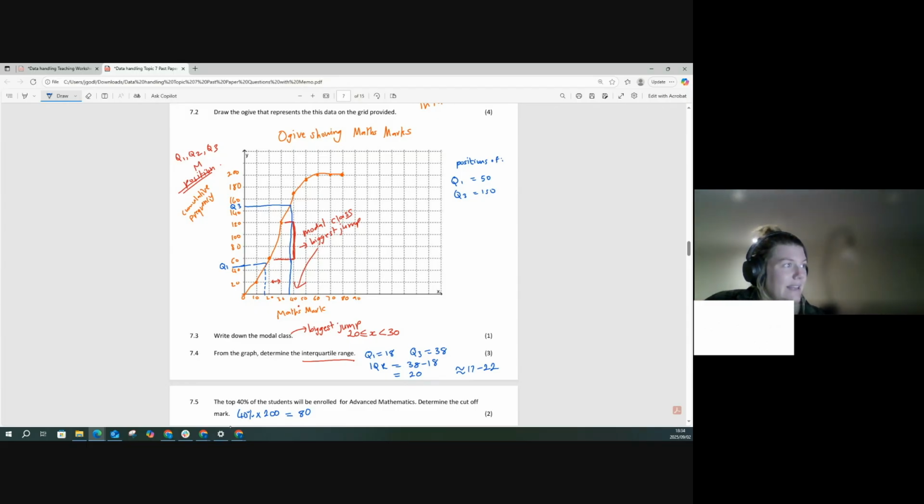Okay, so that takes me to 120, because that is 80 students, and that takes me to 30. So the cut-off mark would be 30 out of 80, or 30 marks.